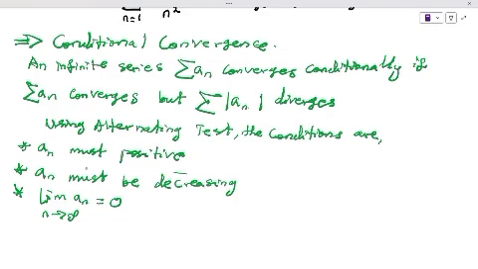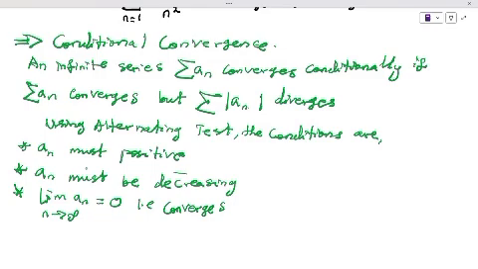By the time the limit of an as n approaches infinity is equal to 0, that means it converges. So these three conditions must be met when you are using the alternating test. If all these three conditions are not met, then the series is not conditionally convergent.